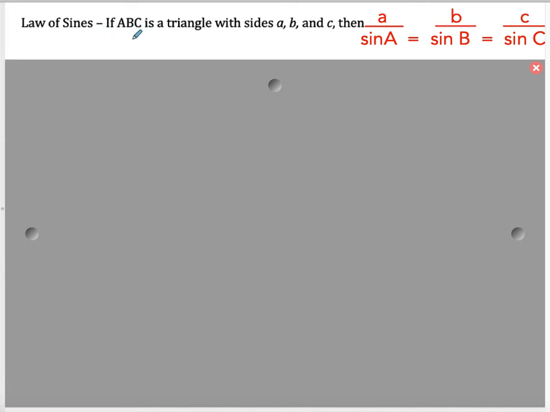Law of sines: on any triangle ABC with sides A, B, and C, the side A divided by the sine of the opposite angle A is equal to side B divided by sine of B, which is also equal to C divided by sine of C. If I'm going to solve, I'm only going to use 2 of these fractions. I'm not going to use all 3, but it doesn't matter. I could put A with C, A with B, or I could put B and C together, okay? It doesn't matter which ones I use.